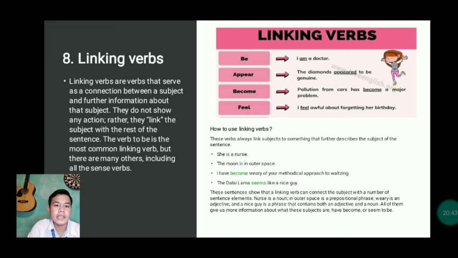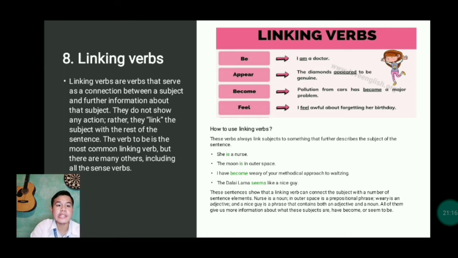The verb to be is the most common linking verb, but there are many others, including all of the sense verbs. Here are linking verbs: be, appear, become, feel, and so on and so forth. So how do we use linking verbs? These verbs always link the subject to something that further describes the subject of the sentence.